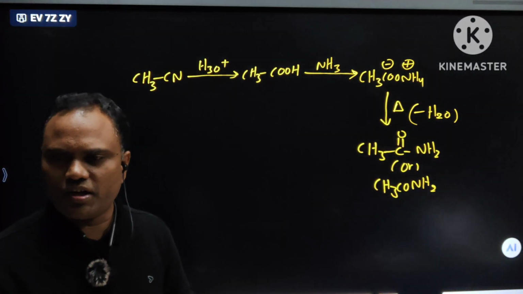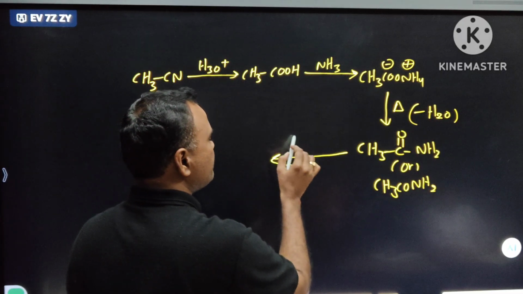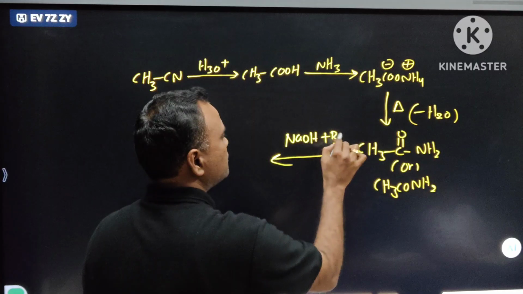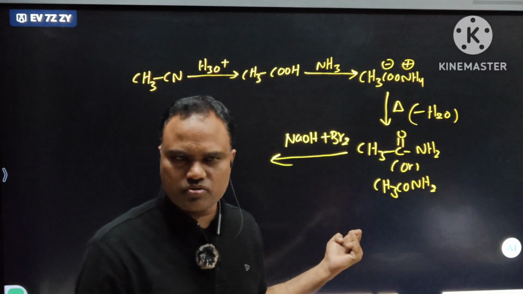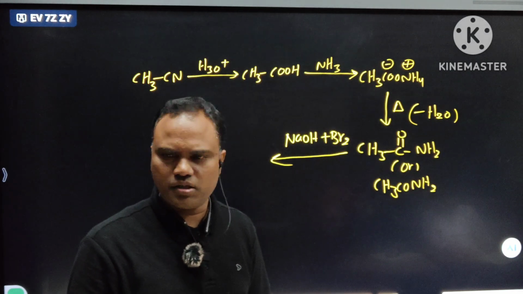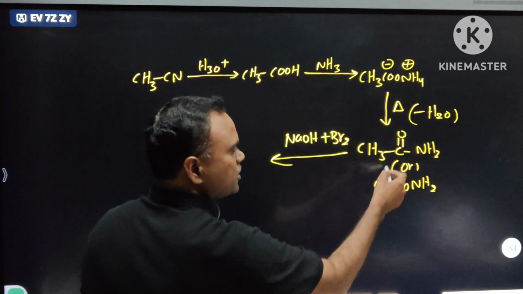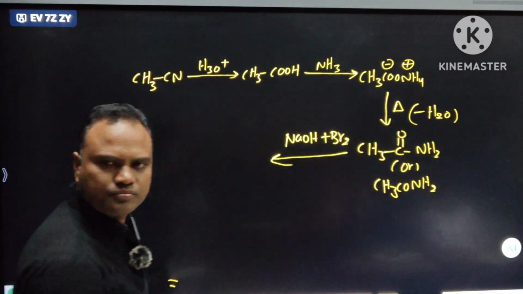Now Hoffmann bromamide reaction. Use the reagent of Hoffmann bromamide, that is NaOH plus Br2. You never get a direct reaction, you will get conversions only. Most of the time, in the weekend tests also you can see. Already you are writing tests, right? Shortcut mechanism: cut C double bond O, attach NH2.